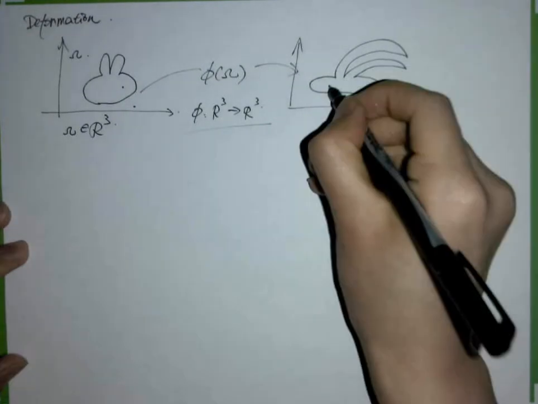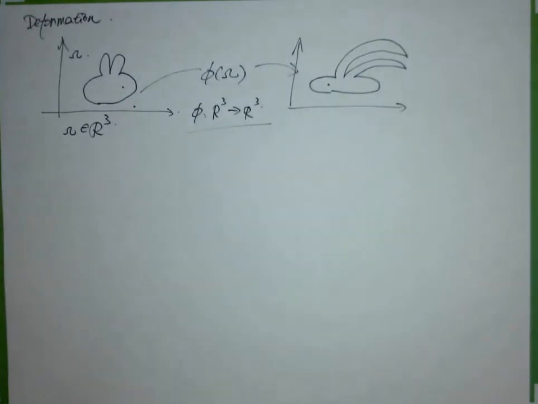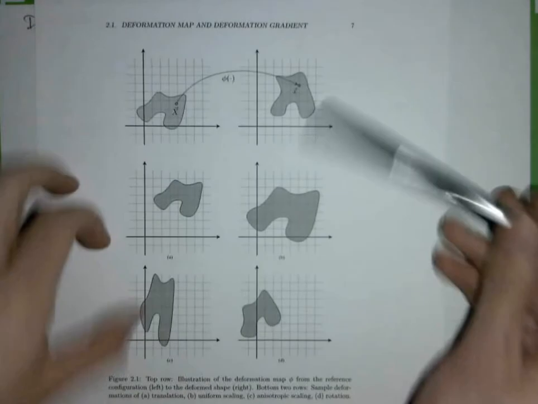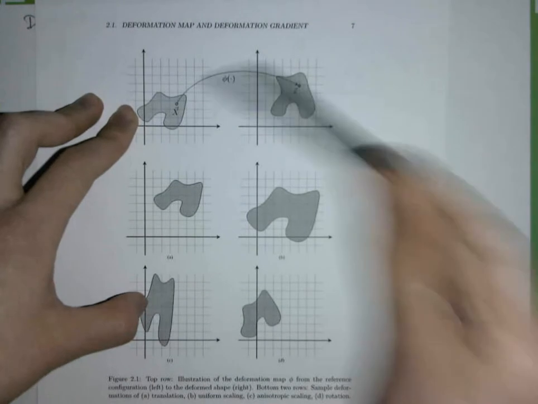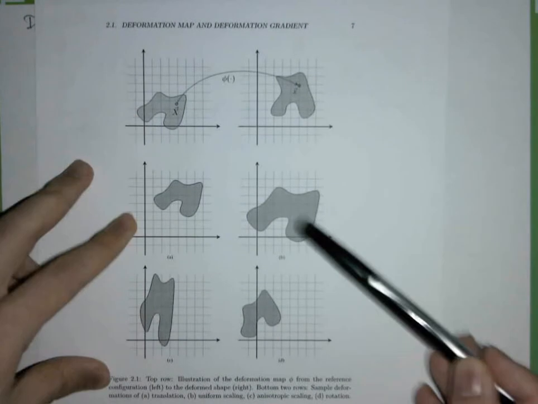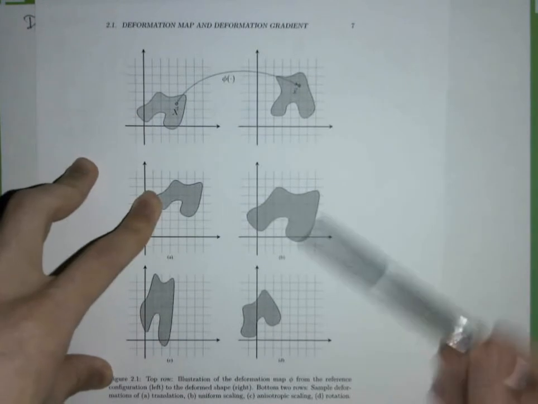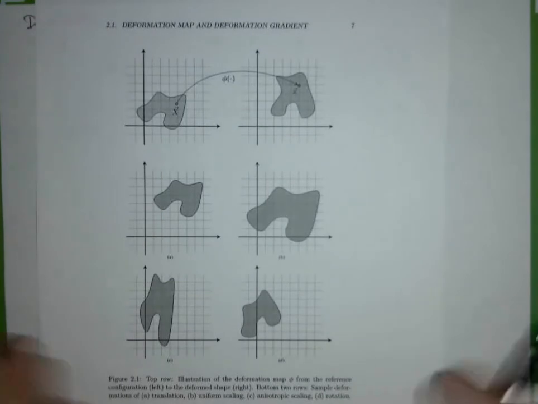Let me show you some examples of phi. Phi can be a purely rotation function, or a uniform scaling function, or a scaling function on an axis. Basically, it can be anything. Also, it can be a translation.